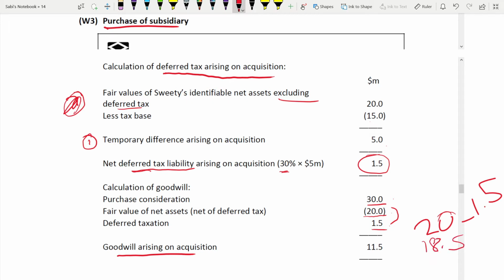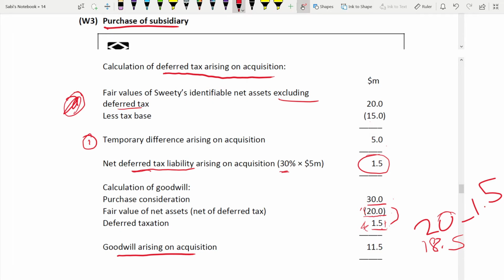So because this figure 20 is already in bracket, if you put a bracket here also, it will be an addition. It will be 21.5, not 18.5. So that's why, to show that it's a deduction, this is in bracket. This you have to put without bracket, 1.5. Then when you put it in a calculator, minus 20 plus 1.5, it will show you 18.5 only.